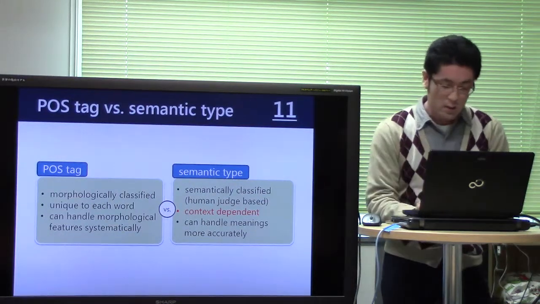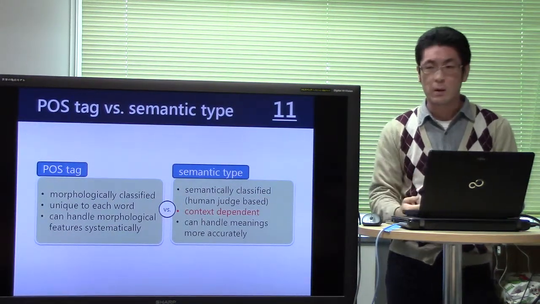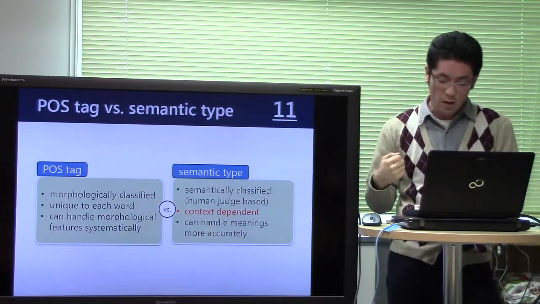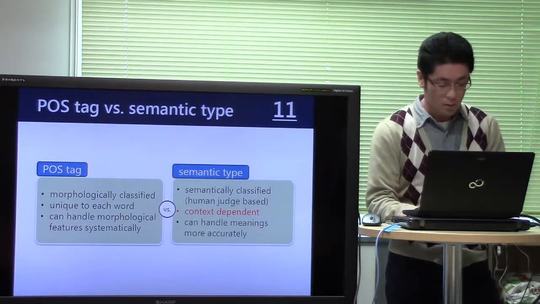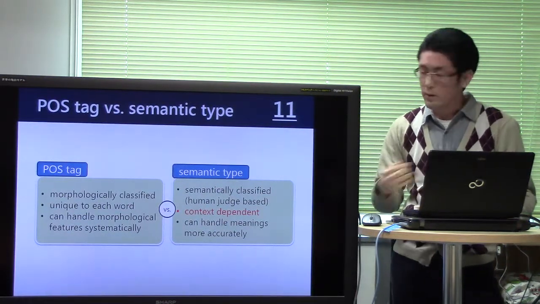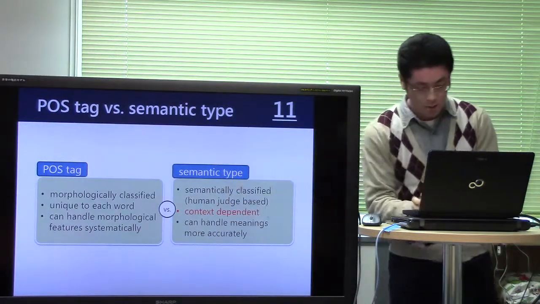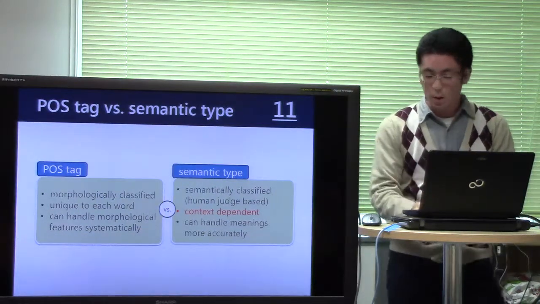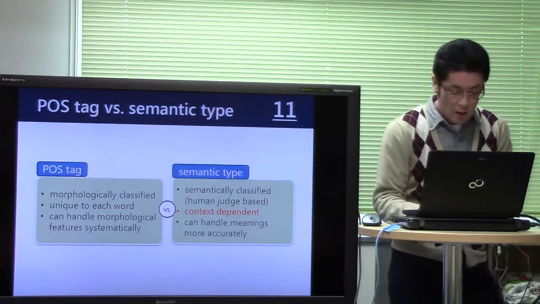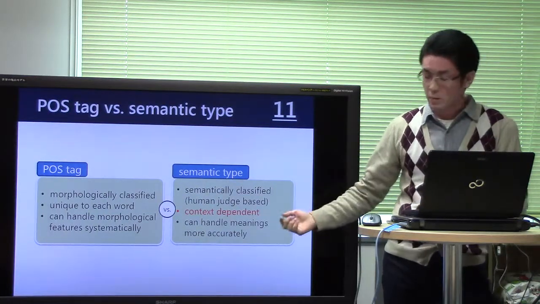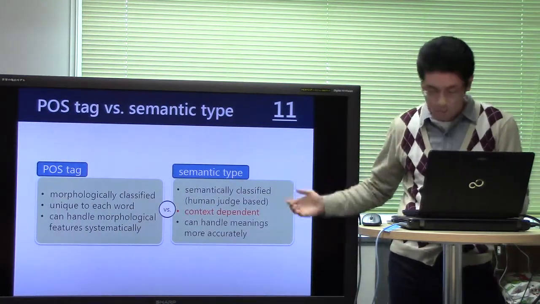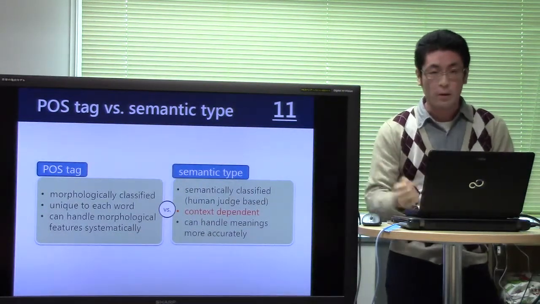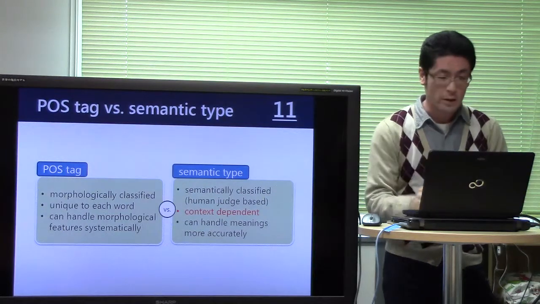Especially in Japanese, the classification criteria between verbs and adjectives are only morphological. And one word usually has one part of speech. On the other hand, semantic type is classified based on only semantic criteria. And as I said, verbs are of multiple types. In other words, a verb can take different types depending on its context.